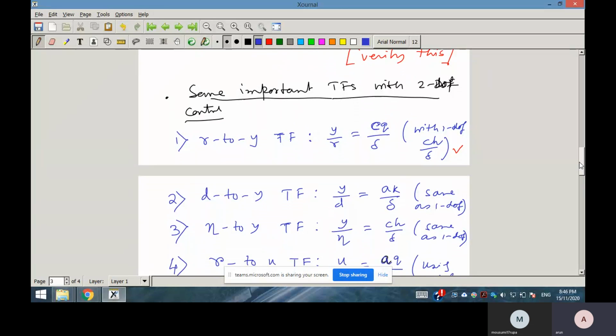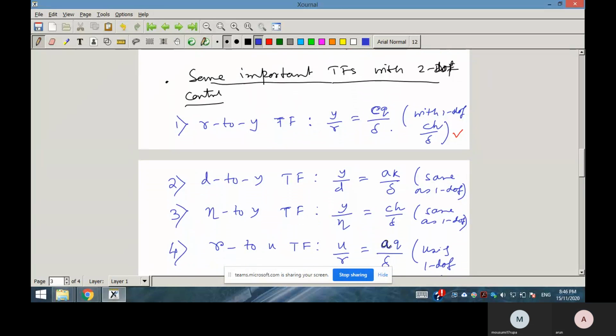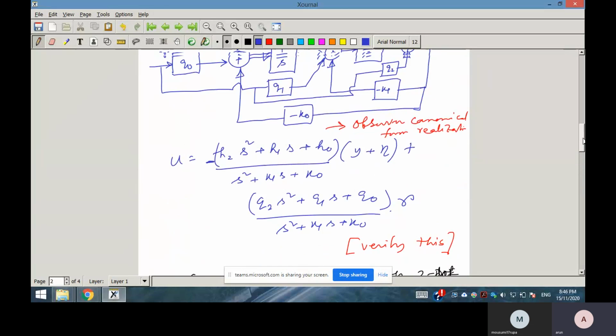The order of delta is M plus n, where n is the plant order. So the relative order of TYR is equal to the relative order of the plant, because here all the things are of the same order.